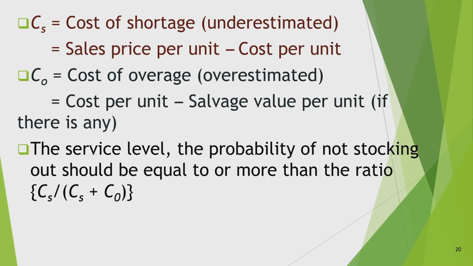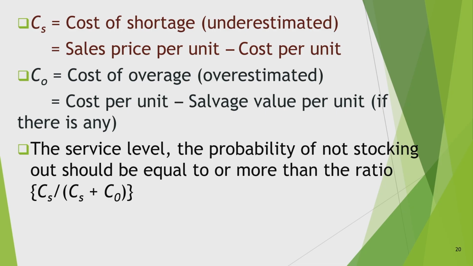If I am not able to supply as per the demand, then on each unit I am losing 5 rupees. So, that can be considered as a cost. It is not a cost that you have to pay from your pocket, but otherwise you would have got a profit of 5 rupees, which you are not getting now.